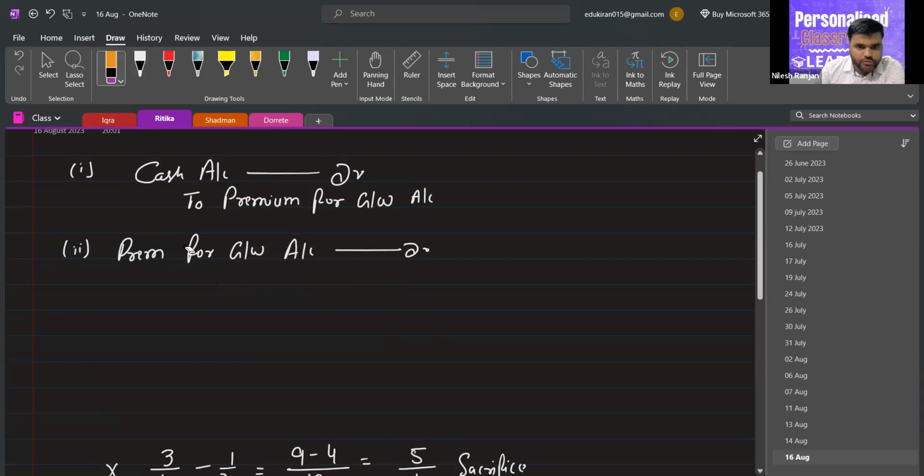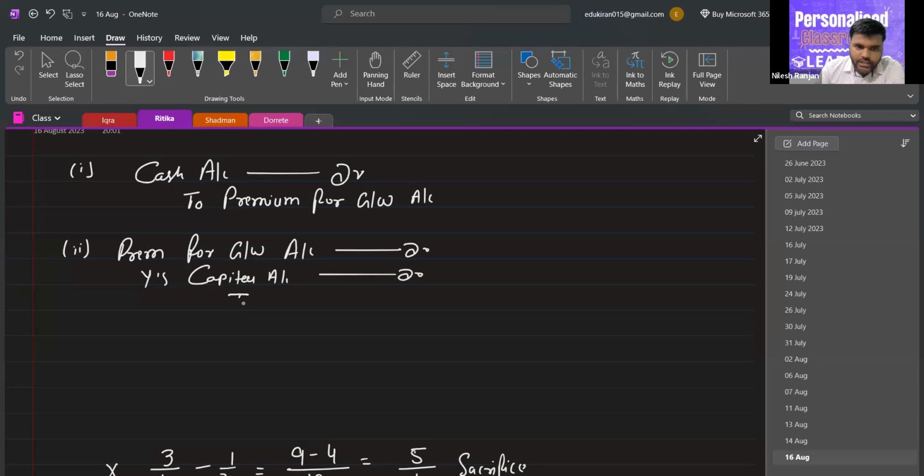premium for goodwill account debit, Y capital account debit to X capital account. 37,500: 30,000 and 7,500. Here it will be 30,000.